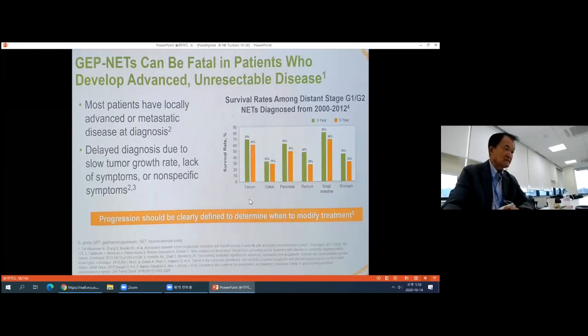And then, as I mentioned, once they advance and become aggressive, it's hard to control. We can only slow it down if we diagnose early and give adequate treatment.